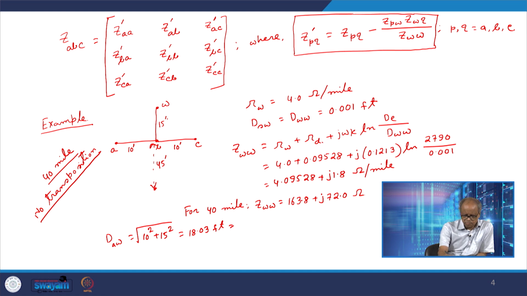That is also equal to dCW, because the conductors A and C are located symmetrically from each other, and dBW is of course 15 feet, correct?